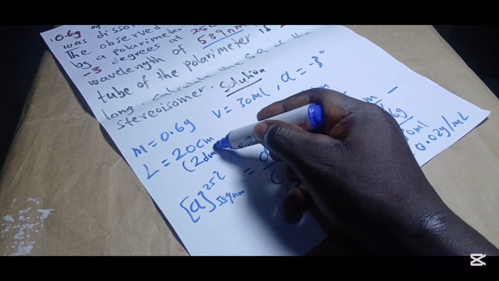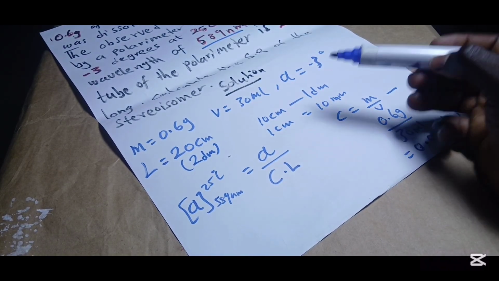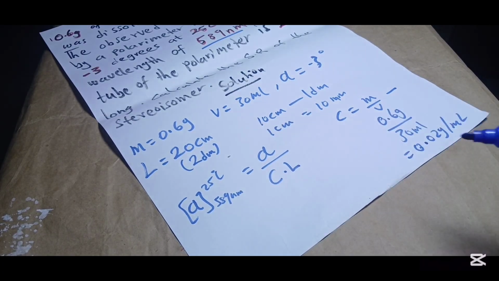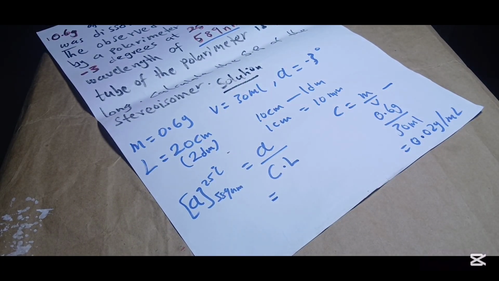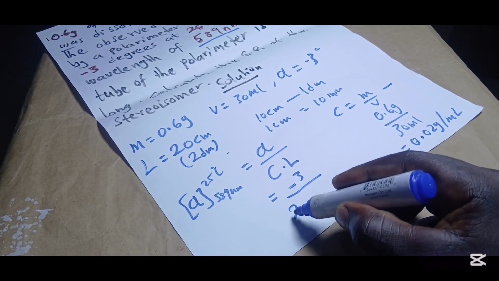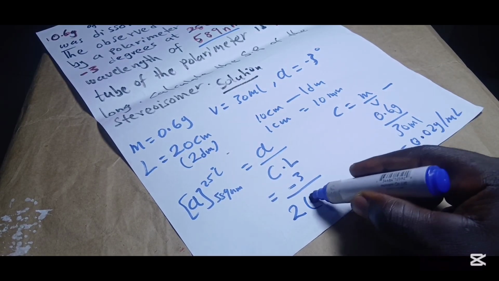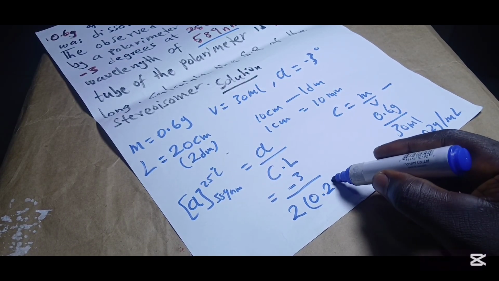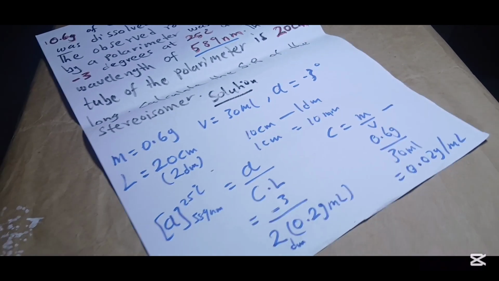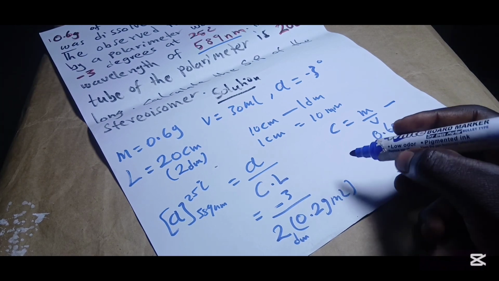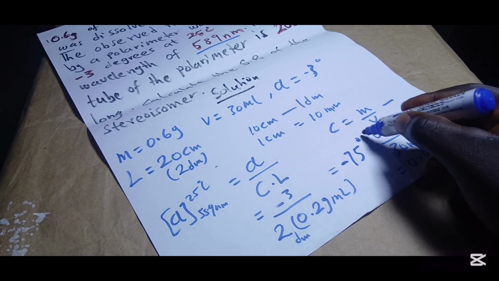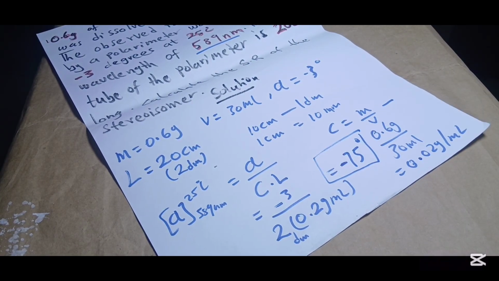So now that we know our specific rotation in degrees, our concentration in grams per milliliter, and our length in decimeters, we can do substitution. So minus 3 over length multiplied by concentration, 0.02 grams per milliliter. The length is in decimeters, sorry. So this will give us minus 75 degrees. That is our answer for this problem.